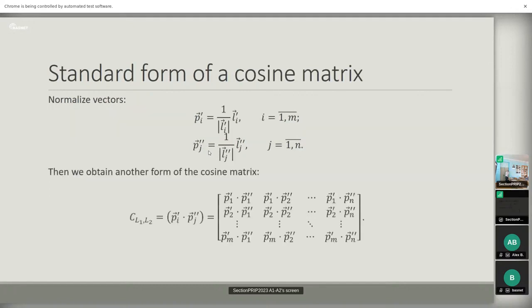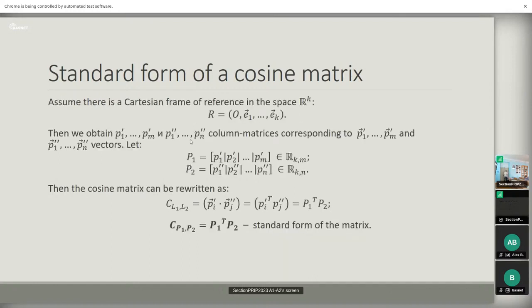We can normalize those vectors, and it will be rewritten like that with the dot products. And then, when we have some Cartesian reference frame, we can rewrite it basically as a matrix product of two matrices.